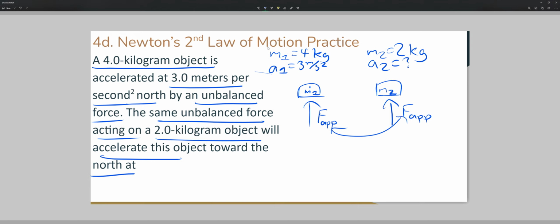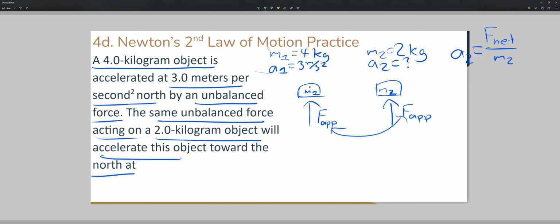To first solve this problem, we don't know what our force is. If we try to solve for the second acceleration, we don't know what my net force is, we don't know what my applied force is.